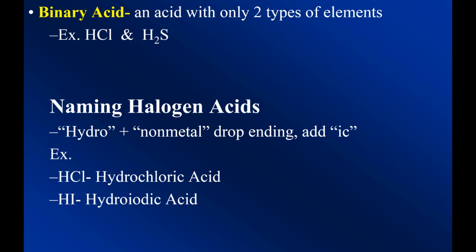Now notice with HCl, that one's pretty easy to tell it's binary. It's got H+ and Cl-. With H2S, remember in the definition, only 2 types. So H2S has a hydrogen and a sulfur, so only 2 types.